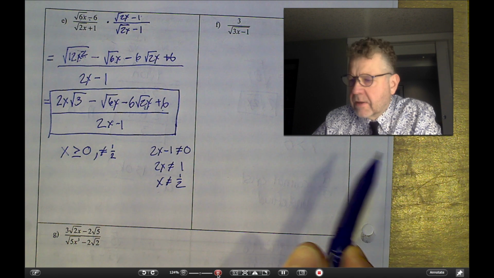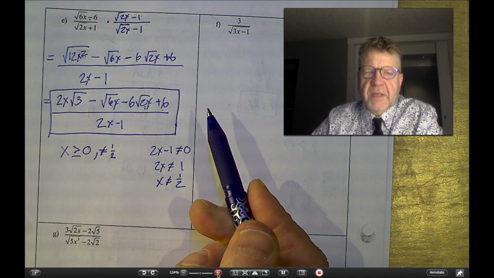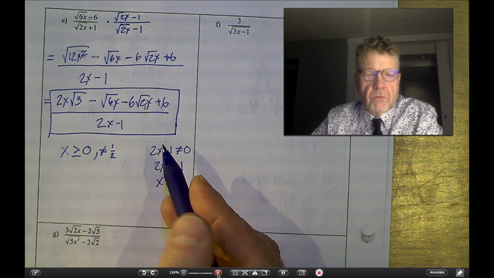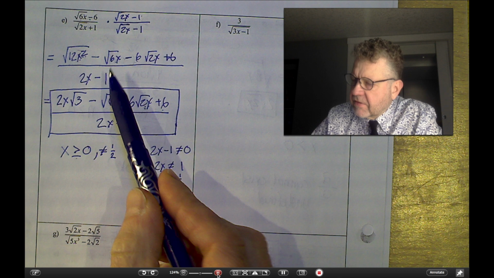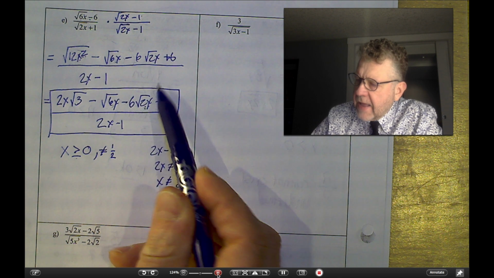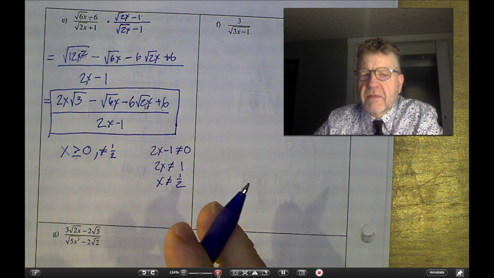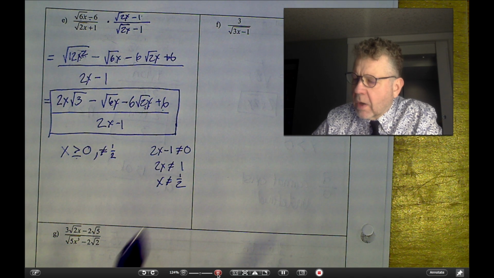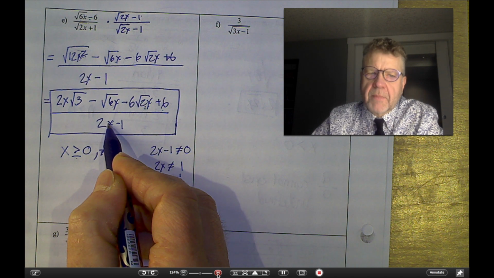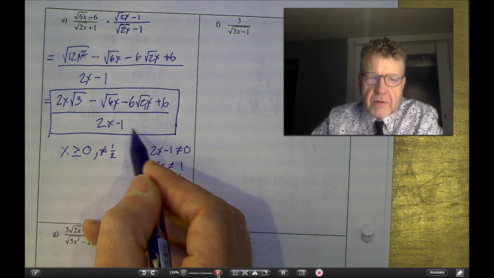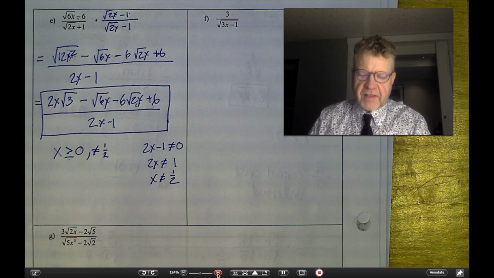Because if it did, I'd have a number over 0, which would be an indeterminate form, and so would not be allowed. So x has to be greater than or equal to 0 because of what you see here and here. And x cannot equal 1/2, because if x is equal to 1/2, then 2 times 1/2 is 1, minus 1 is 0, and you end up with a 0 in the denominator. Okay? So there's your 2 restrictions on that.